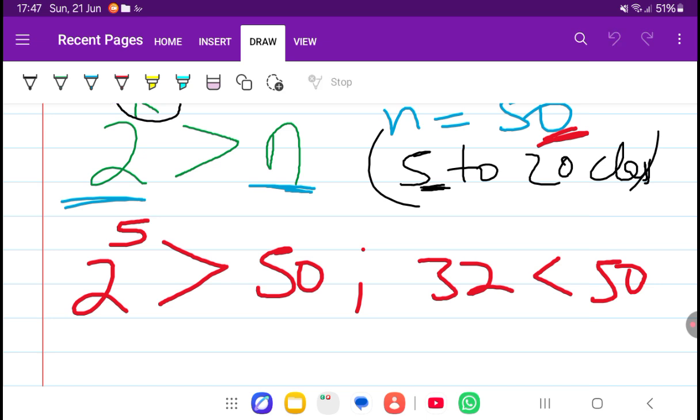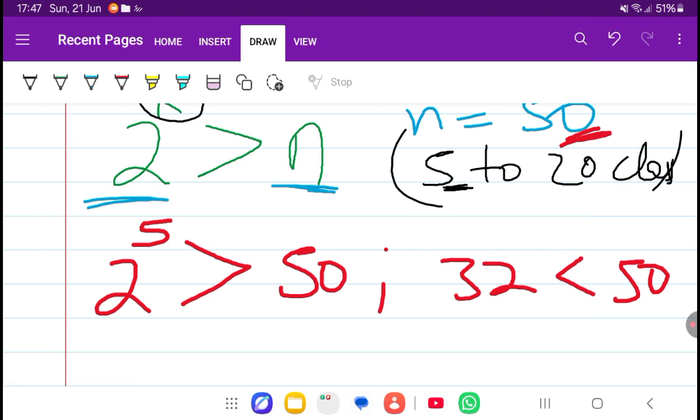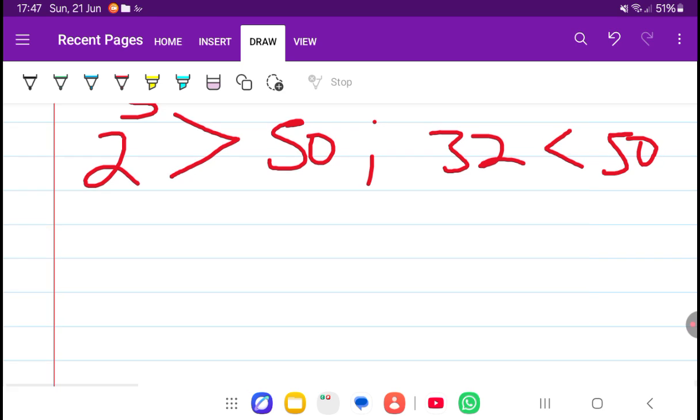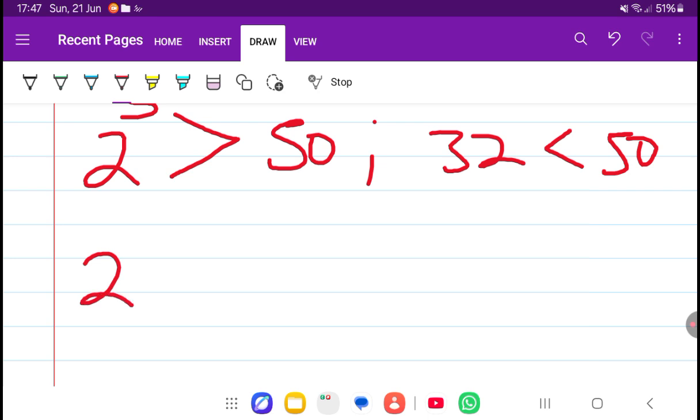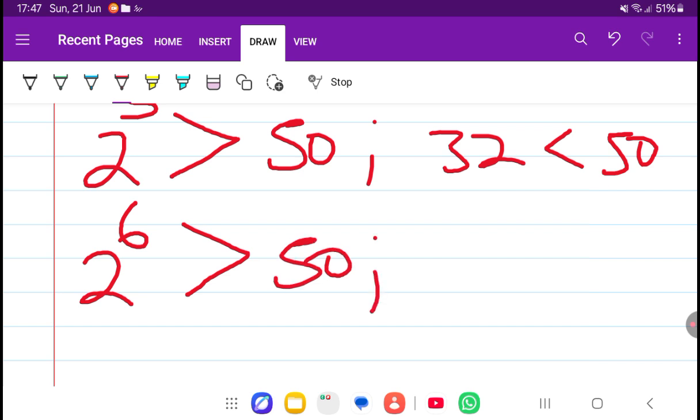Then you add another number. You say maybe instead of me taking 5, let me now take a 6. You go and put in 2 to the power 6. The question I'm asking myself is, is this greater than 50, which is our n? And you find the solution: 2 to the power 6 is actually 64. So 64 is greater than 50.